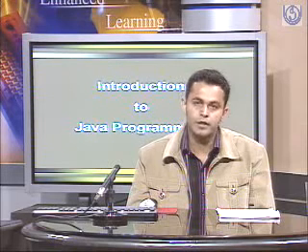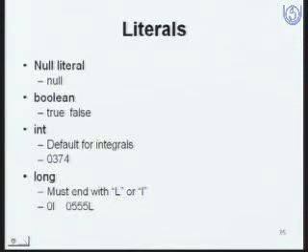Second is boolean. Boolean has two values, true and false. True has its own meaning, false has its own meaning. You cannot change the meaning of these two literals. So true and false are two boolean literals that are predefined in the language. Next is integer.